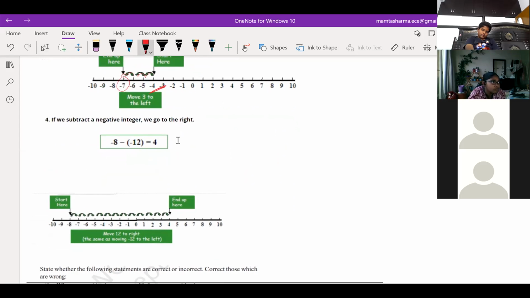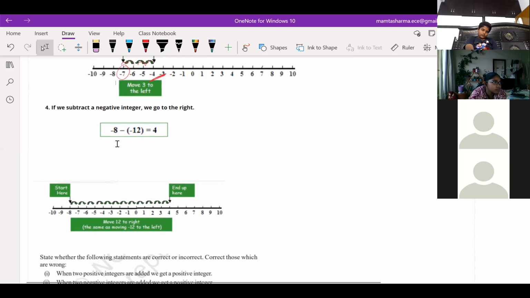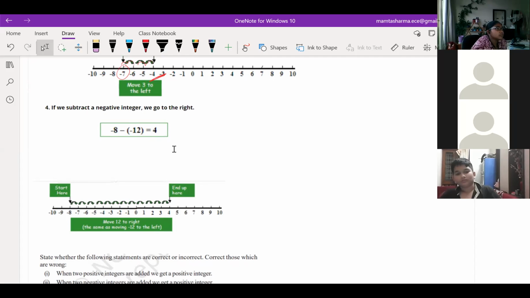If we subtract a negative number, then... Harini, tell me. Ma'am, if we subtract a negative integer, we go to the right.